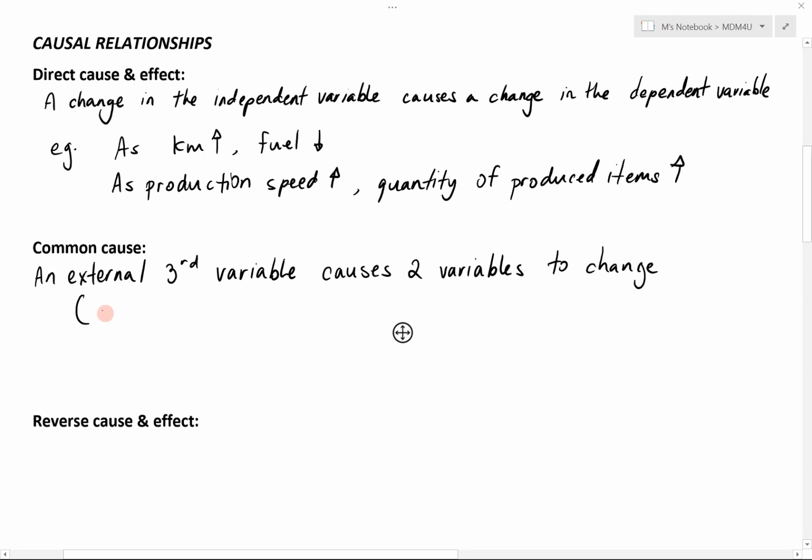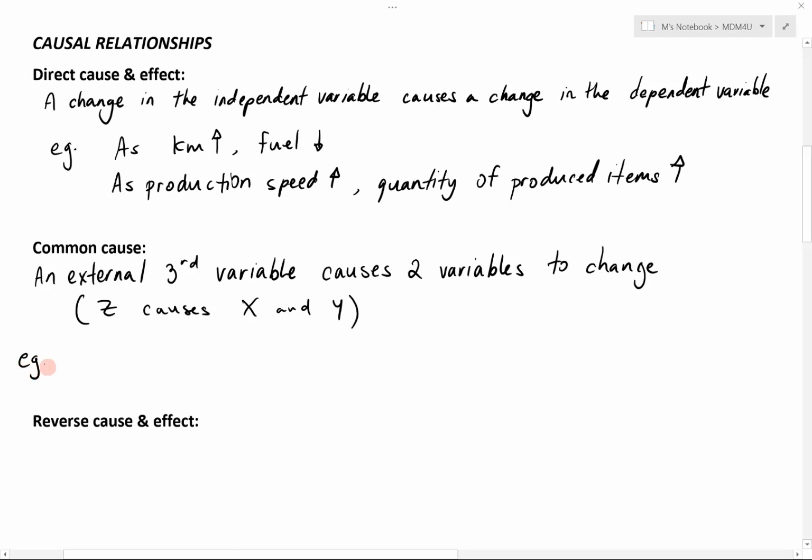So this is kind of like saying Z causes X and Y. If you were looking for the correlation between X and Y and you found one, there might not be a direct relationship between X and Y, but there could be a third common cause causing it. It might be hard to think about that one abstractly, so let me give you an example.